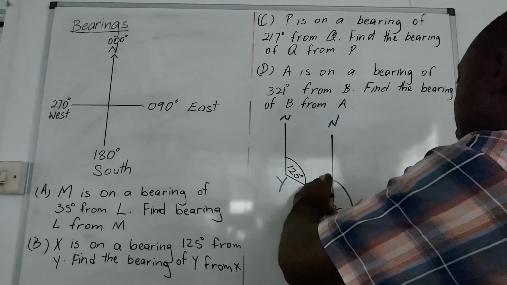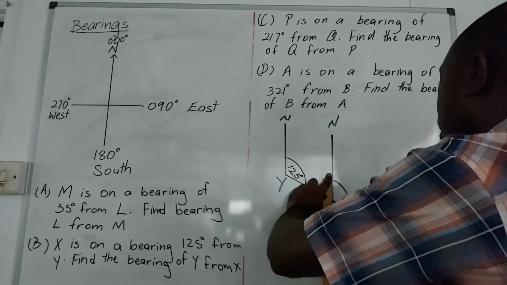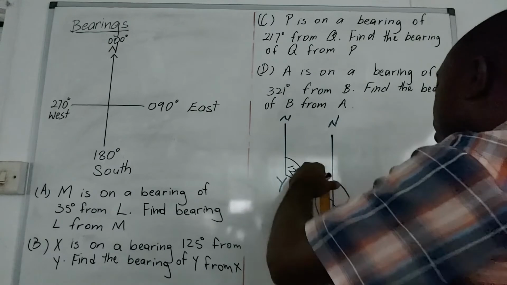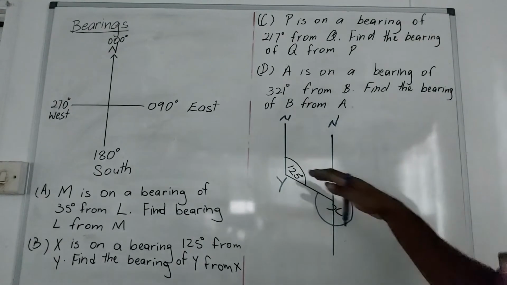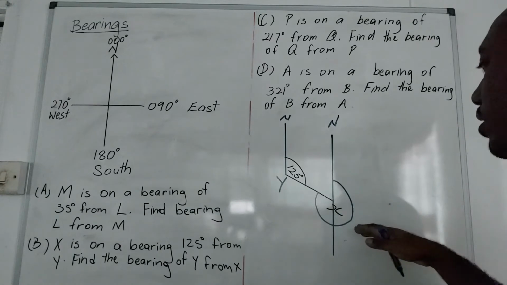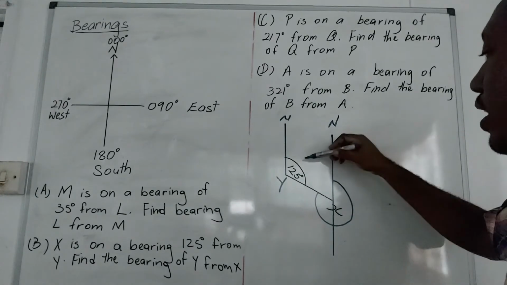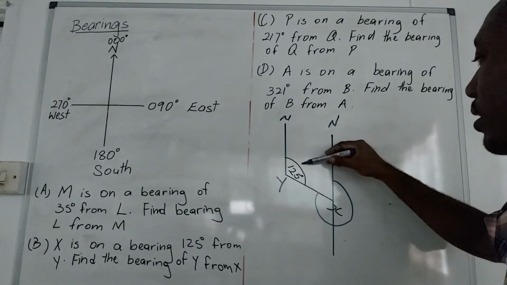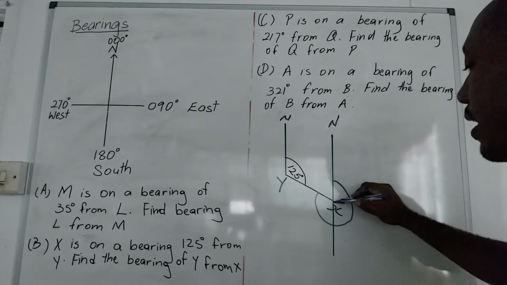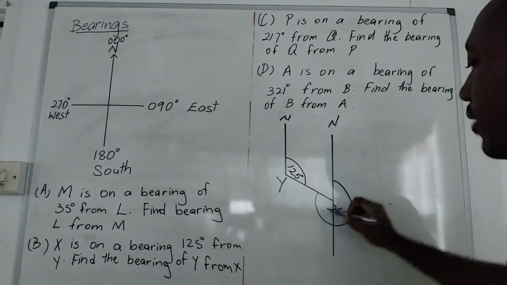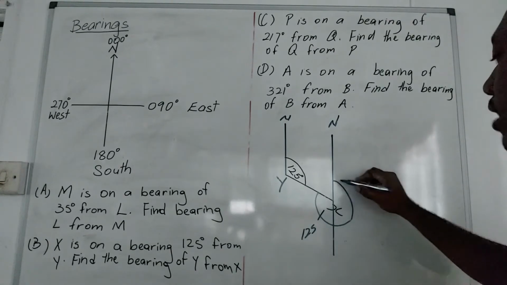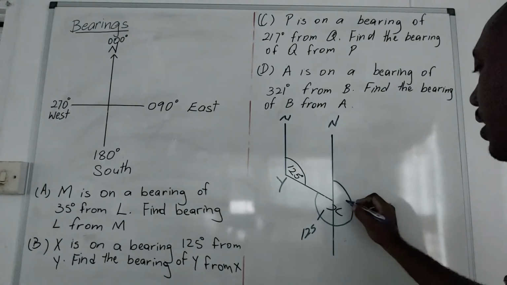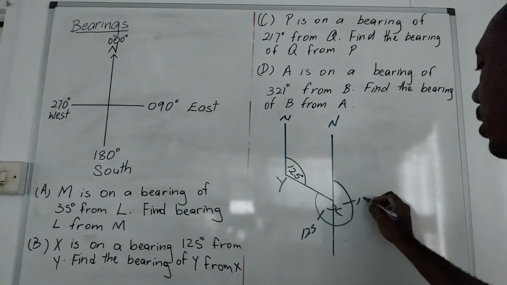Let us extend this north line, and we will have our two parallel lines. What we know from parallel lines, with the transversal cutting them, is that if here is 125, this angle here will be 125 too. And the angle around here, since this is a straight line, will be 180.